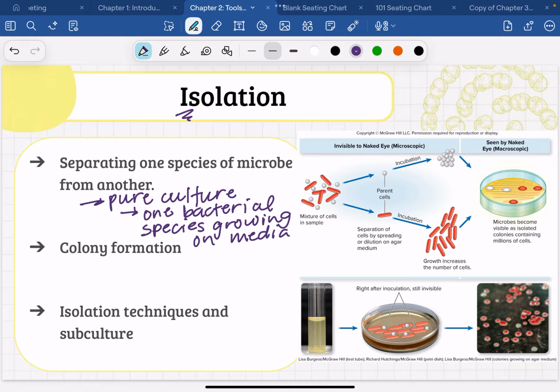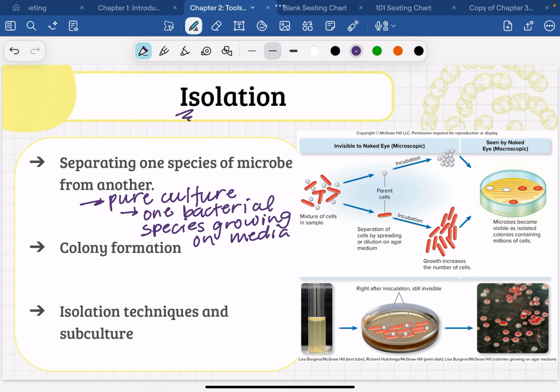And an important part of this process is what a colony is. When you put bacteria on an agar plate and incubate it, so when you first spread bacteria all over a plate, right? And I know you guys haven't really done this yet in lab, but you'll just have to take my word for it at this point. Can you see any bacteria growing on any of the surfaces around you right now?